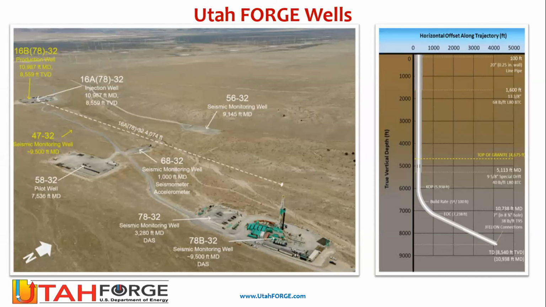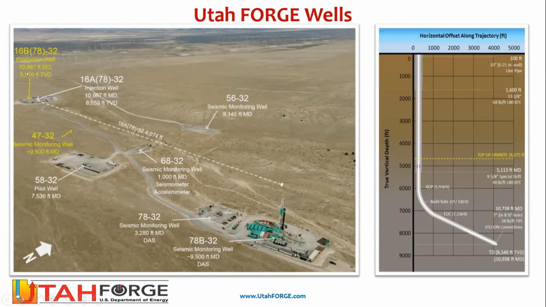So to put this into perspective and to remind people, especially those who aren't particularly familiar, 6 wells have been drilled at this site. 5 of those wells were drilled for reservoir characterization, for in situ stress measurement, for coring, for logging, and to be used as monitoring wells when stimulations are ongoing.